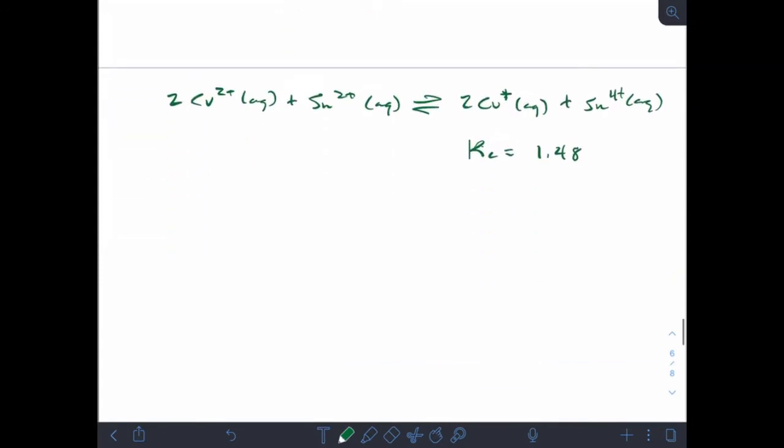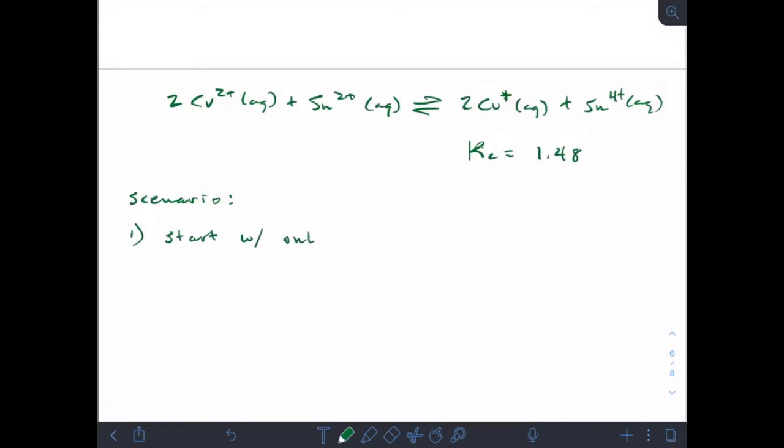Right? So, scenario 1, let's say we start with only reactants. Okay? In order to have an equilibrium, I need to have some products, right? I can't just have only reactants and have an equilibrium, right? So if I start only with reactants, the only direction that can possibly happen is forward, right? I need to make some products.